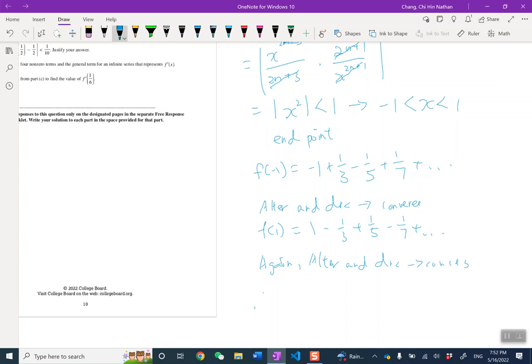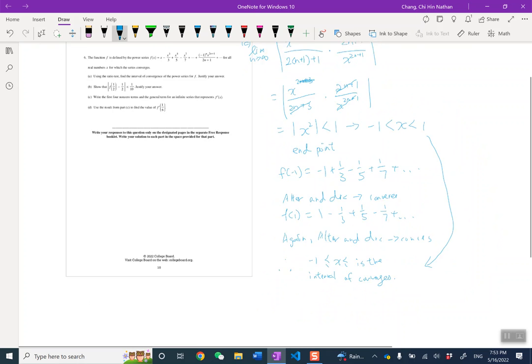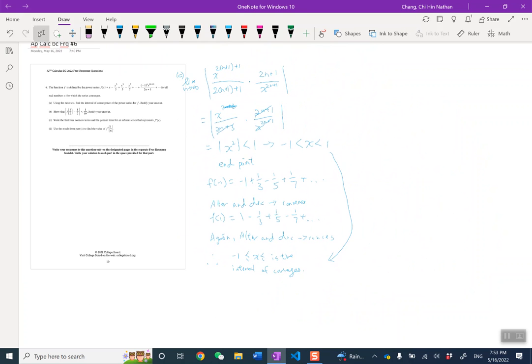So the conclusion is, because both endpoints converge, we can include our endpoints, and that is the interval of convergence. Okay.